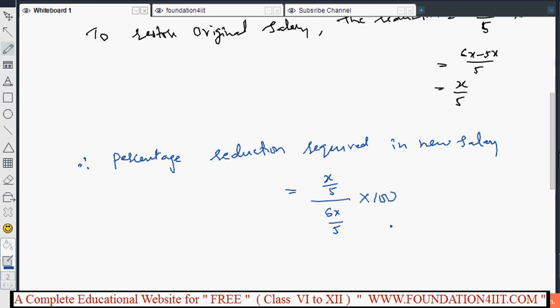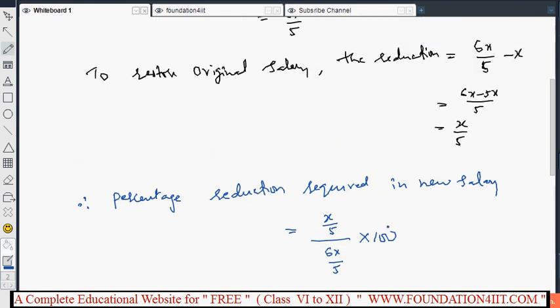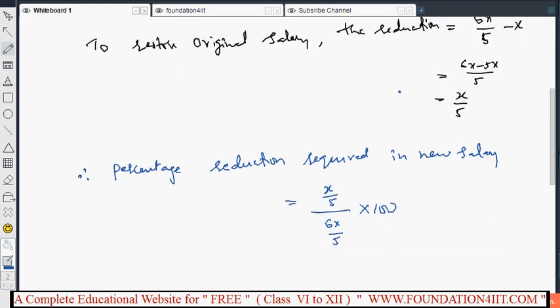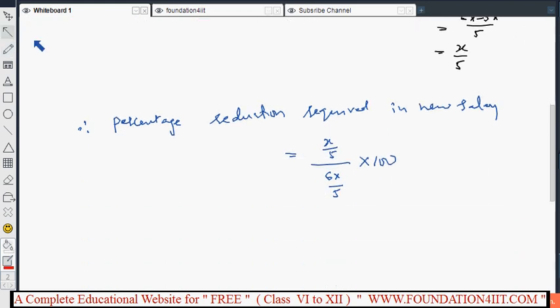Percentage reduction means how much reduction we do, divided by the increased salary, into 100. x by 5 is the reduction from which salary? From the increased one, 6x by 5, into 100.